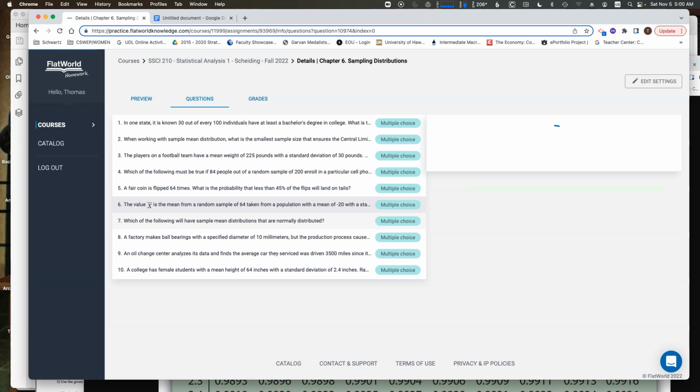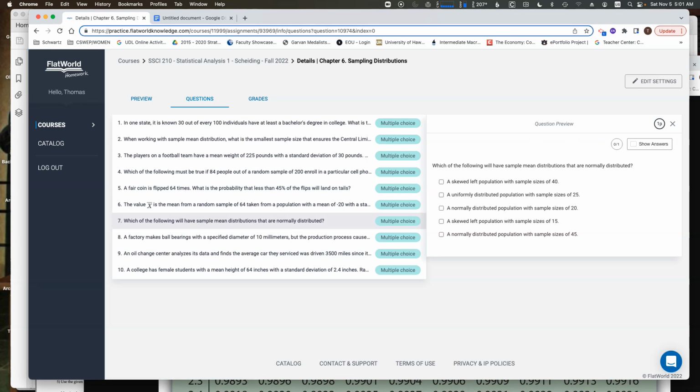Okay, let's turn to number 7. Which of the following will be normally distributed? So here, obviously our ones that are normally distributed populations, we know that those will be.